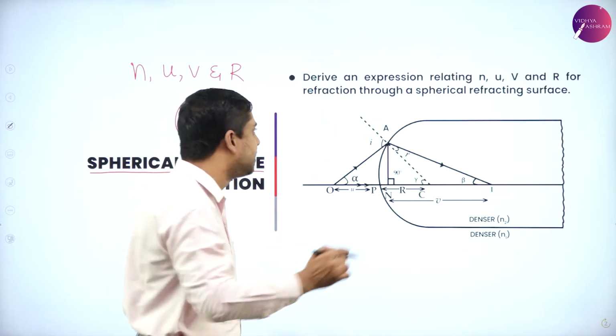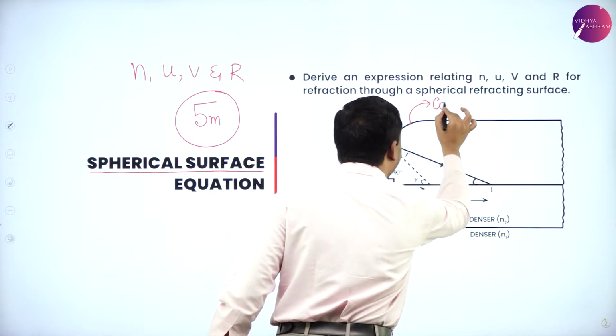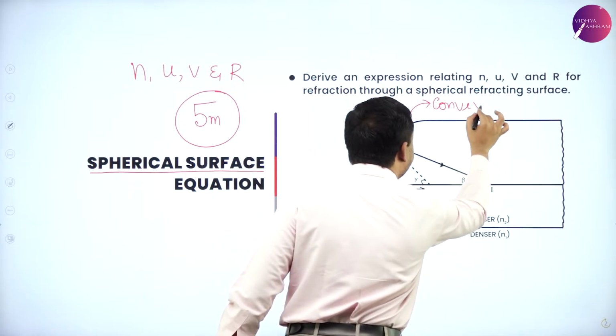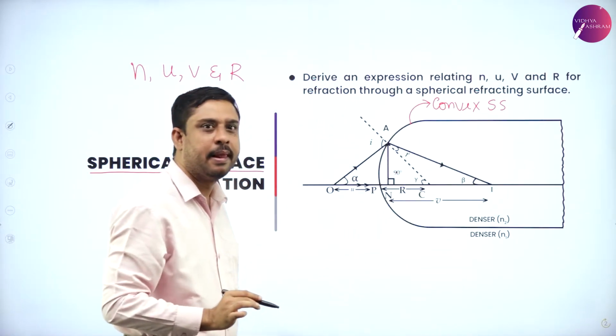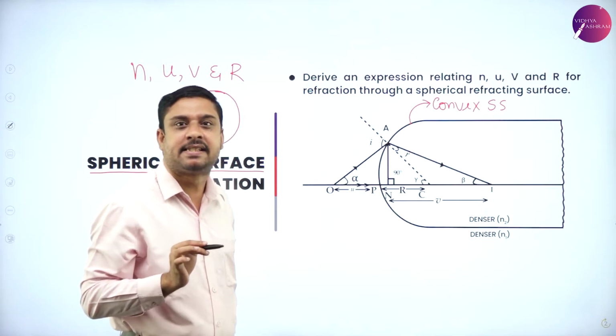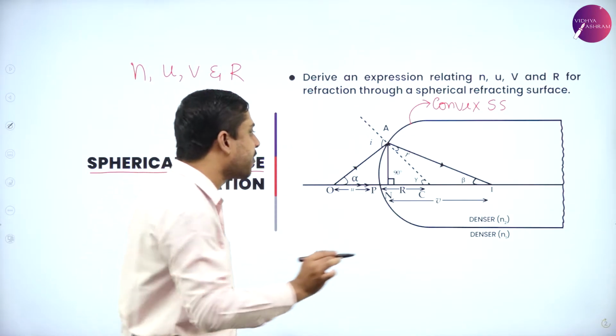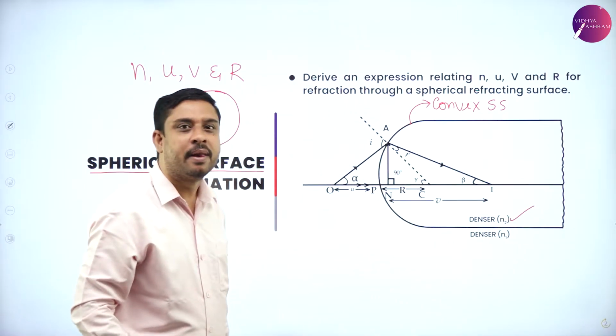So dear students, this is the convex spherical surface. The refractive index of this surface is N2.